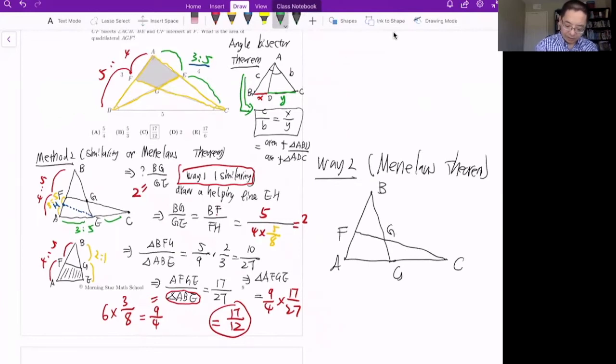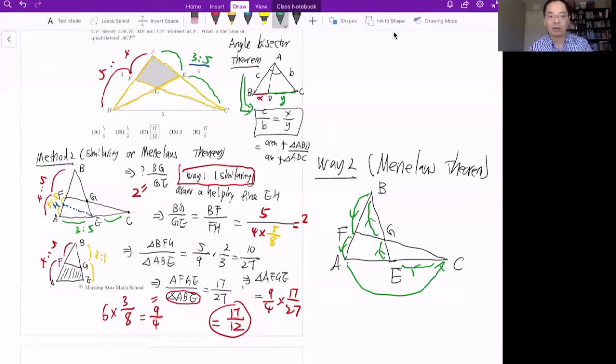Now the Menelaus Theorem says this: the ratio of this to that. What you do is go around the triangle, from A to C, then C to E, then from E to G, and then from G back to B. Let me write it down.